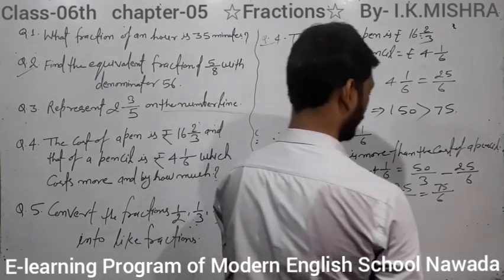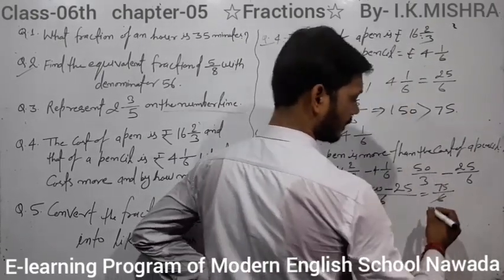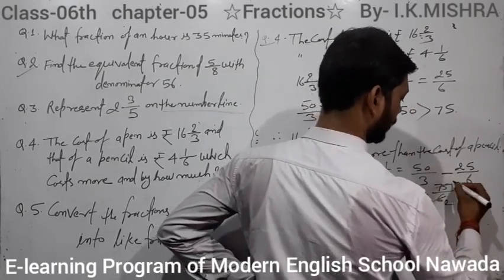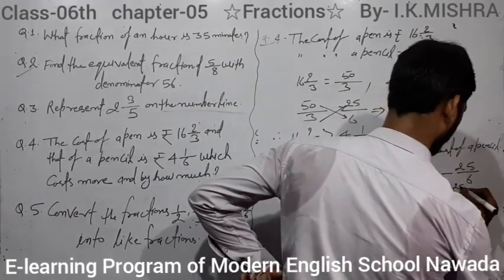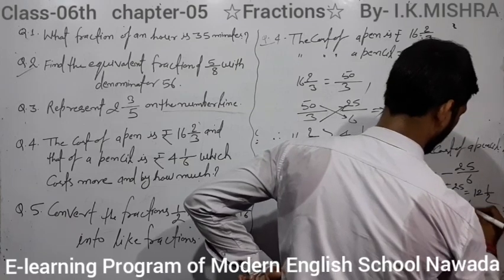Friends, you can change this into a mixed fraction. First of all, divide by 6. 12 times 6 is 72, remainder 3. That means 12 whole 1 by 2 rupees.